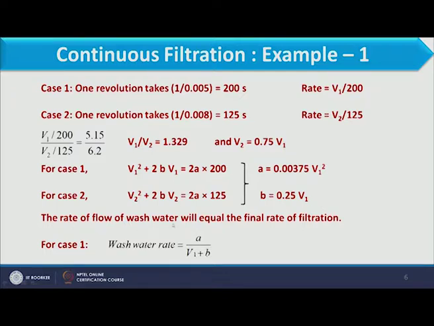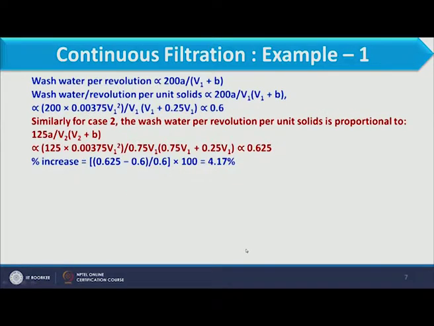Now the rate of flow of wash water will be equal to the final rate of filtration. This we can consider. So for case 1, the wash water rate should be equal to A by (V1 plus B). That you can see from the last slide, where we defined the rate of filtration, and similarly putting in V1 we can find the wash water rate for case 1. So wash water per revolution is proportional to 200 into the rate of washing, that is A by (V1 plus B).